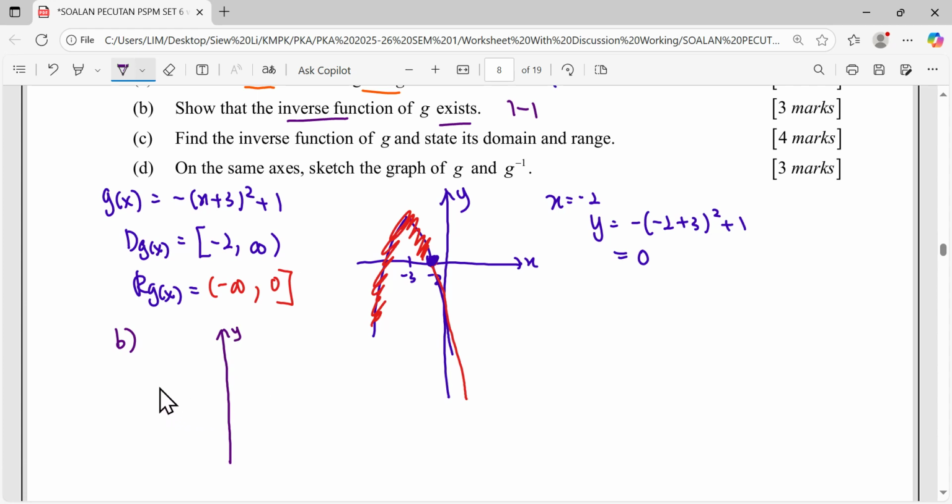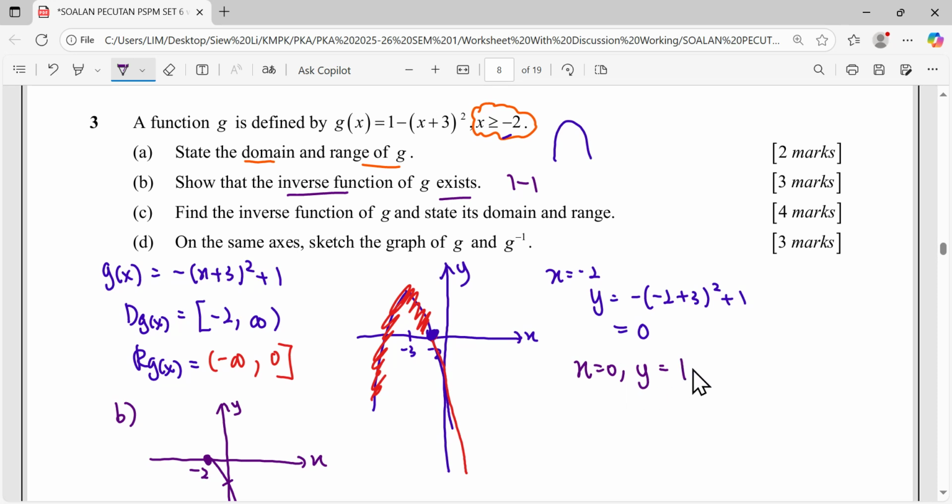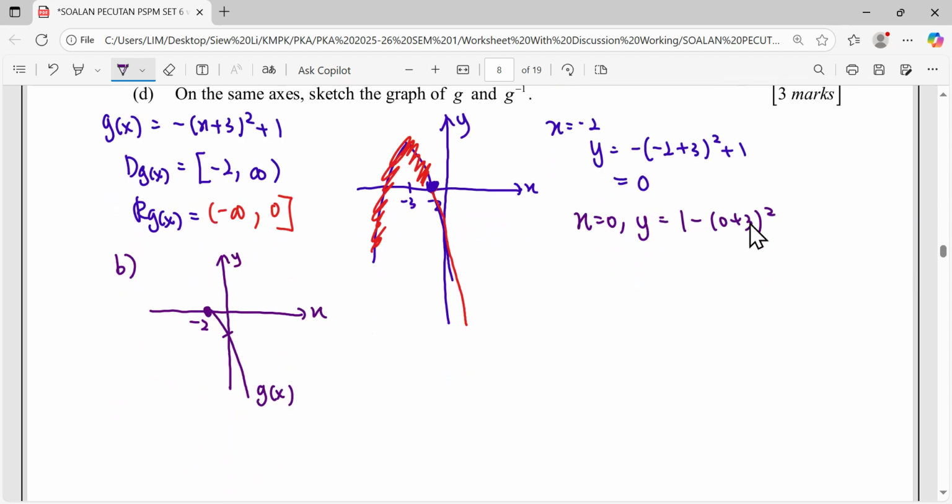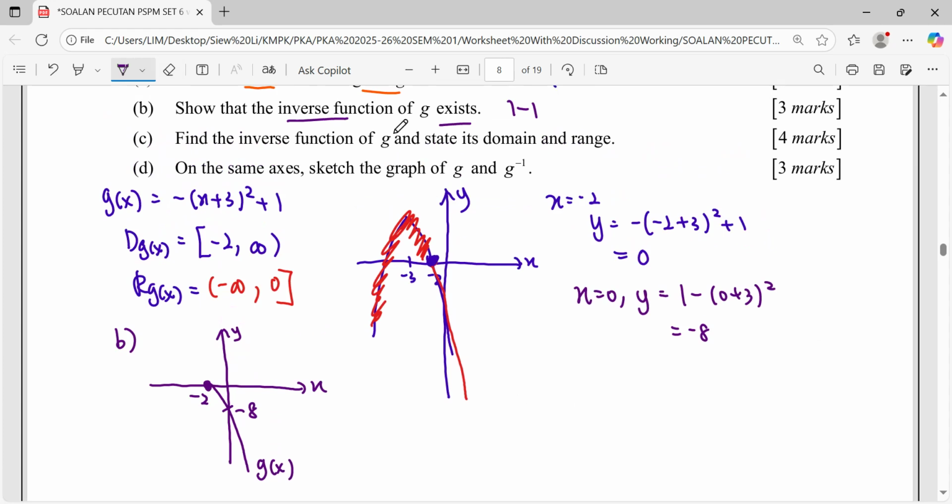Y-axis, x-axis, start from negative 2 and 0 here, you punya graph g(x) turun begini. And y-intercept dia apa? When x equals to 0, y dia negative 8. So how to show inverse exists?